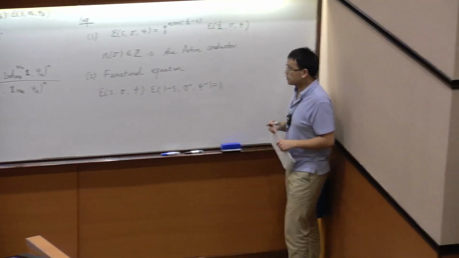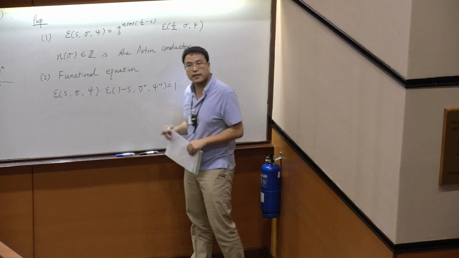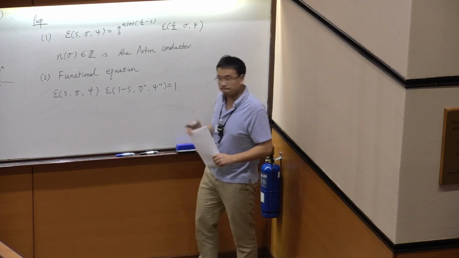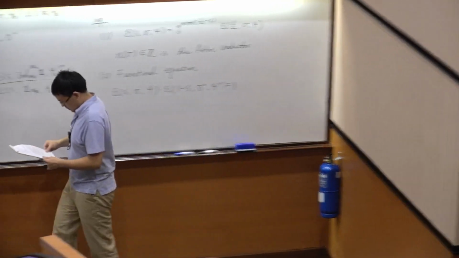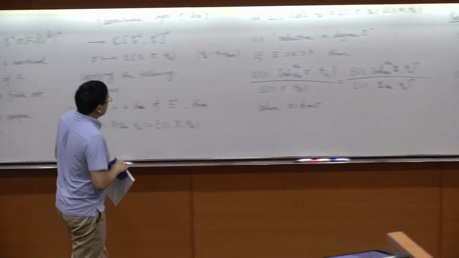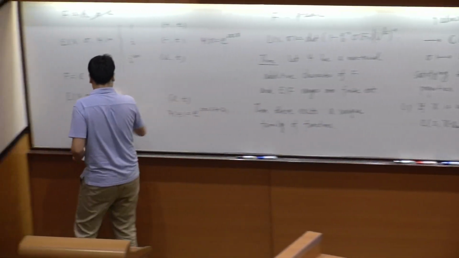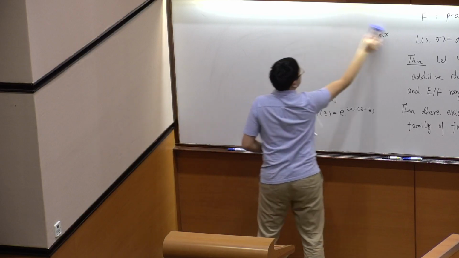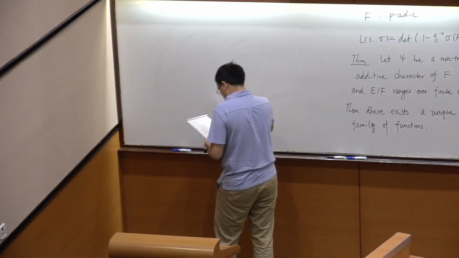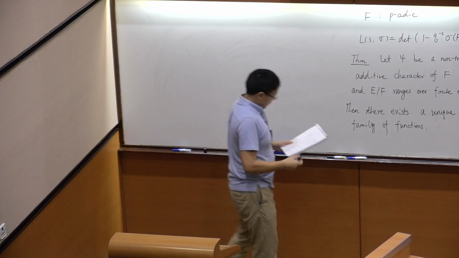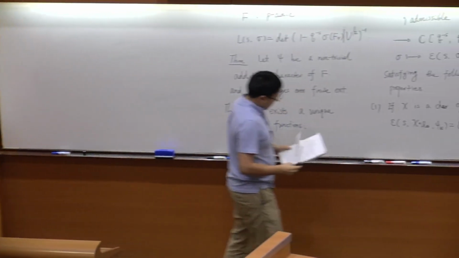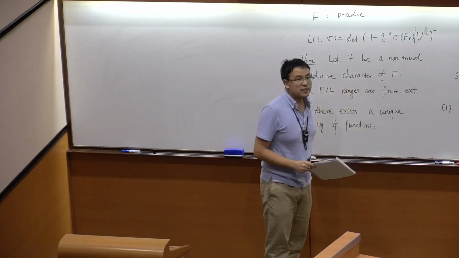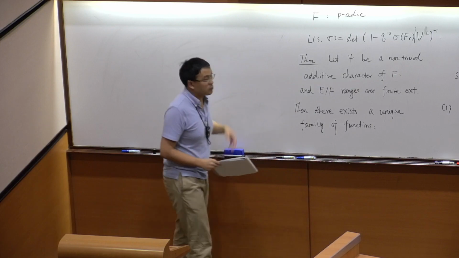Okay, so the sigma check is the contragredient of the sigma, and this is psi inverse. Okay, so this is just to finish the invariant associated to the Weil representation part.